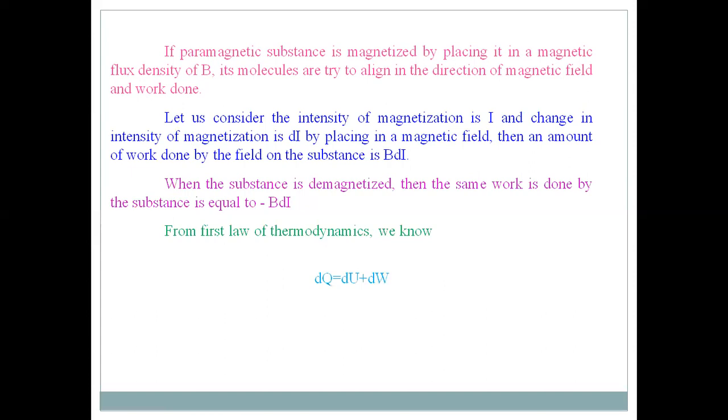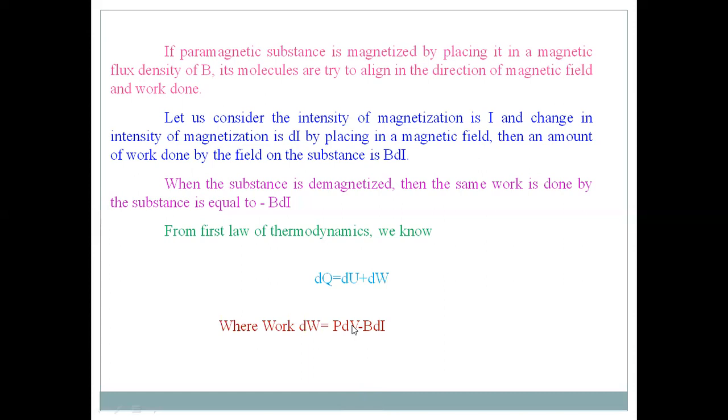But what is dW? Actually, there is some external work, that is P dV, and some internal work, that is minus B dI. P dV is there if there is any change in volume, so some external work is done. Of course, in this case there is no change in volume, that is dV is equal to 0.